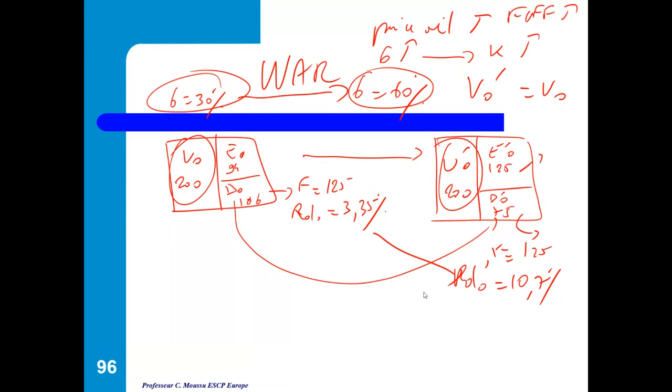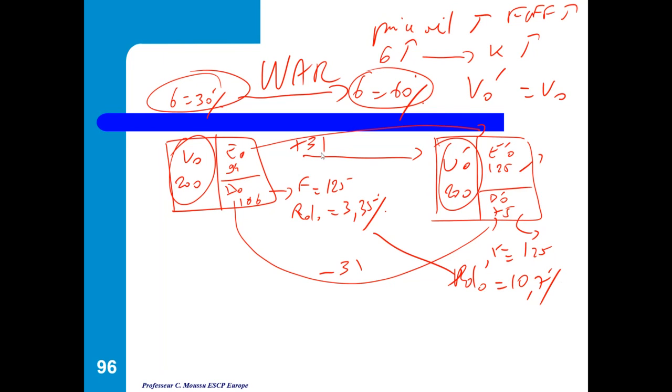Doesn't mean that I'm going to receive 10.7%. It means that I'm going to lose value, so that the value of the debt will be in line with the level of risk. The yield of the debt will be in line with the risk of the debt. So I'm talking of market value of debt, but it means that I'm going to lose minus 31. And those guys, they will earn plus 31.